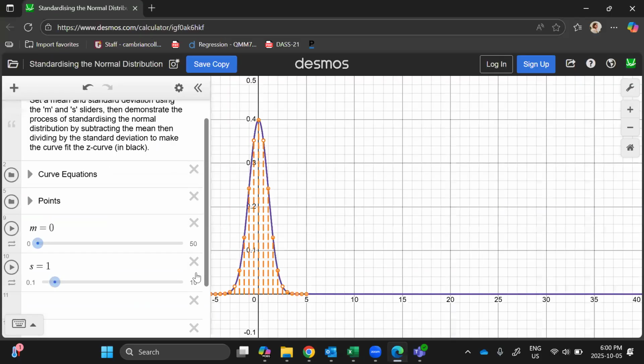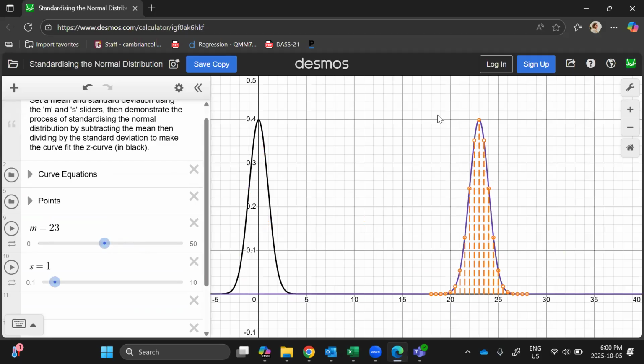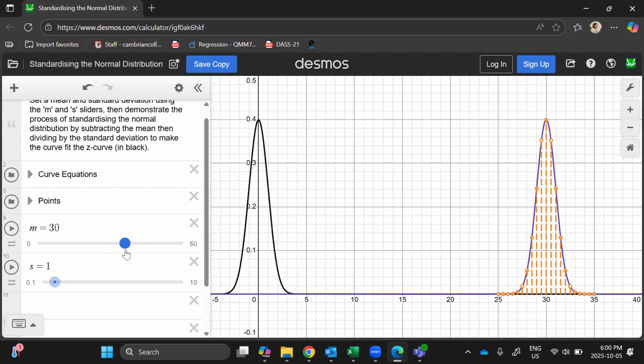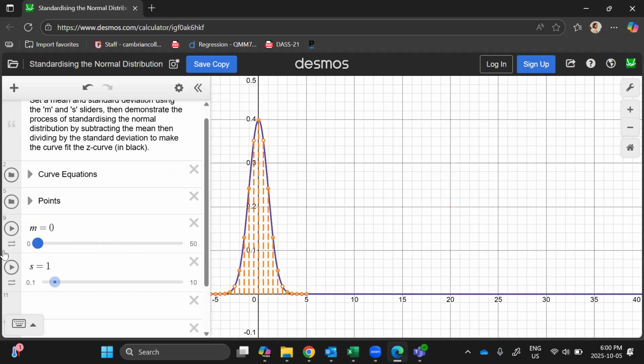By subtracting the mean, no matter what value of x you were at before, let's say you're at 23, if you do 23 minus 23, you'd be back at 0. So basically, if you subtract the mean from every single value in the normal distribution, you'd be centering it at 0. So it's converting it to the standard normal.